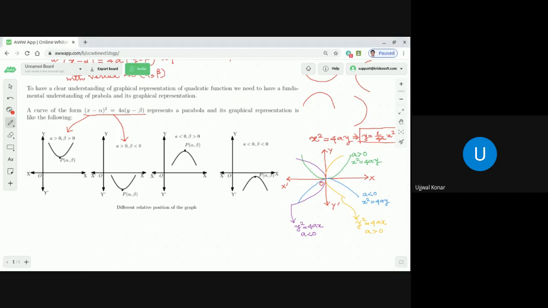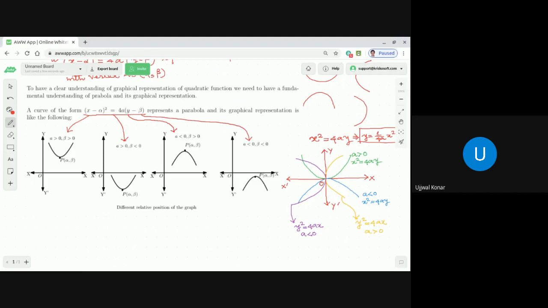Correct, not, dear students? And that is represented by this one. Never hesitate to let me know if you need more explanation towards understanding. And when a is less than 0 and beta is less than 0, we get this visual representation. It's like this. So these are the possible 4 relative positions of the graph.